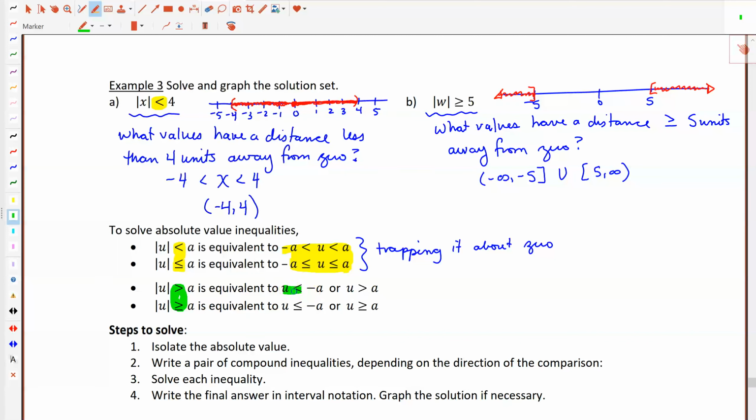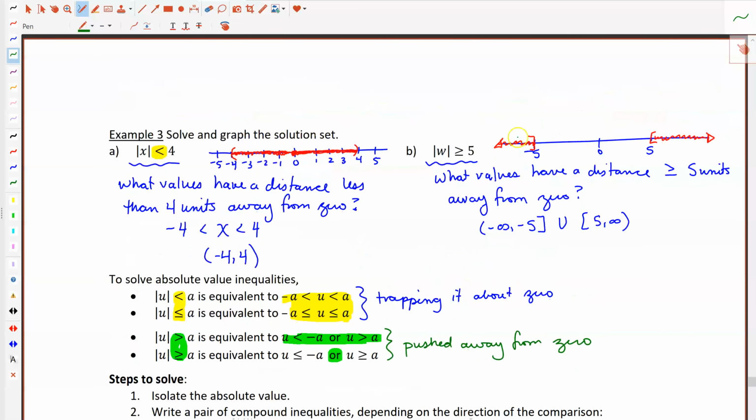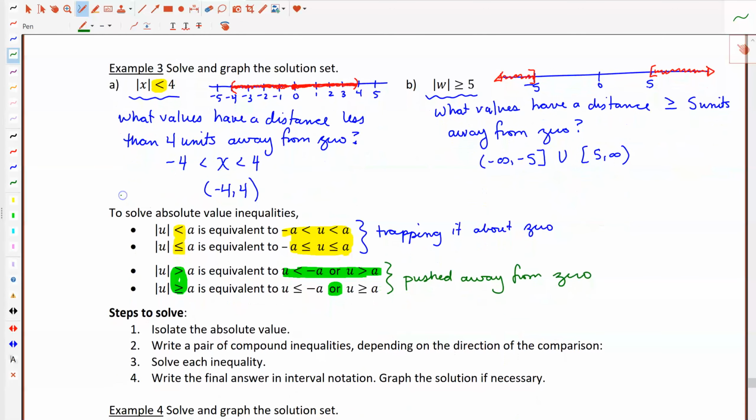So this is going to break this into two cases, where in between the two cases is this word or. For these cases, I imagine them as being pushed away from 0. So visually I've got to be far enough away to the left, or I have to be far enough away over there to the right. So that sets up my two cases.